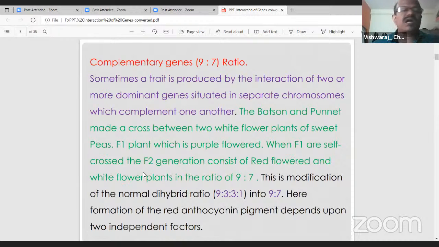When the F1 are self-crossed, the F2 generation consists of red-flowered and white-flowered plants in the ratio of 9:7. This is a modification of the normal dihybrid ratio 9:3:3:1 into 9:7.